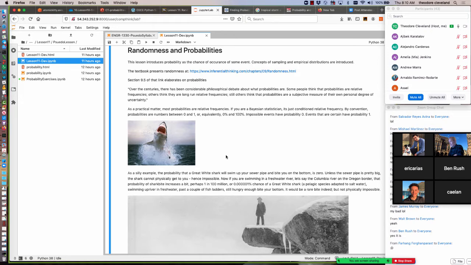As a practical matter, in engineering, science, and mathematics, probabilities are relative frequencies. There's a branch of statistics called Bayesian statistics, and they argue that there are no relative frequencies, but the fact is, Bayesian statistics are simply conditioned relative frequencies.